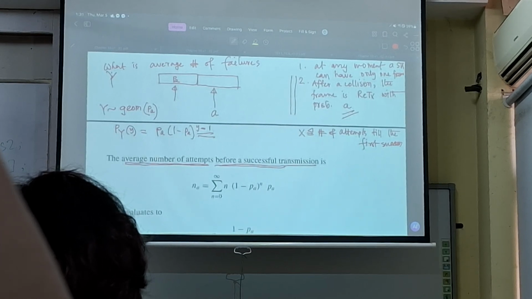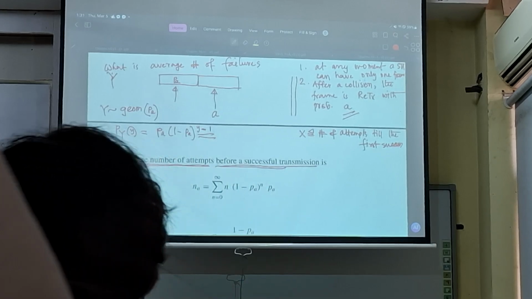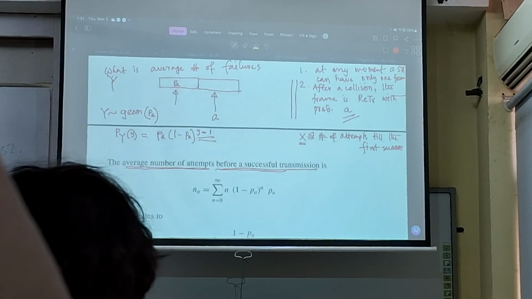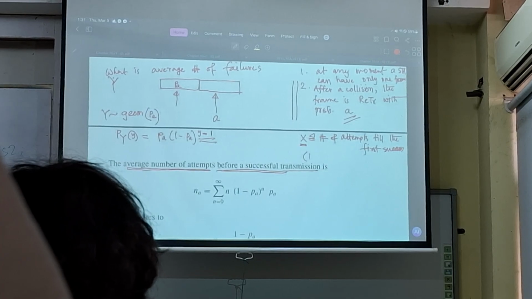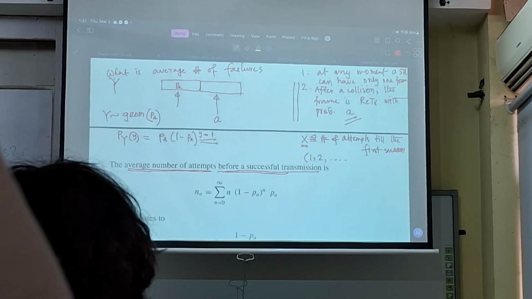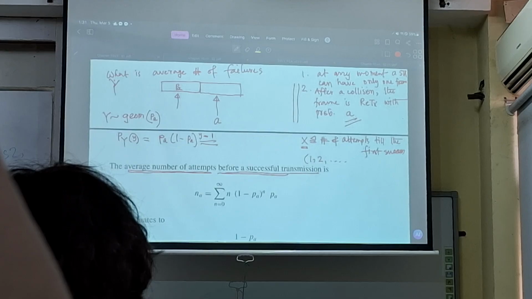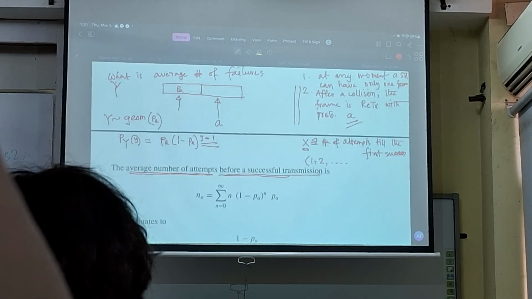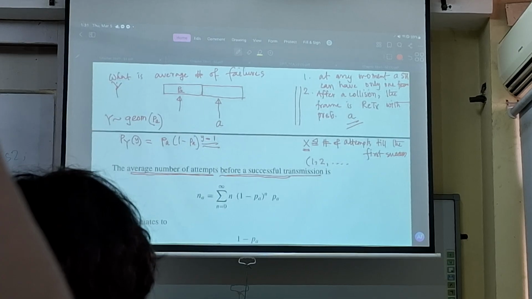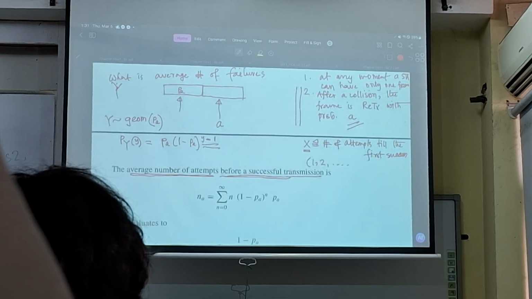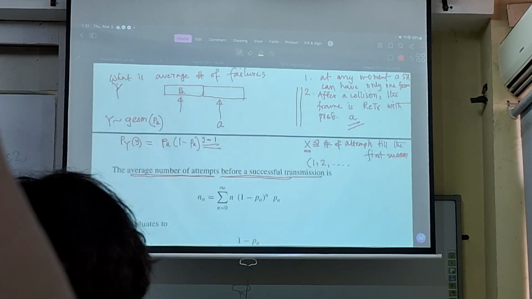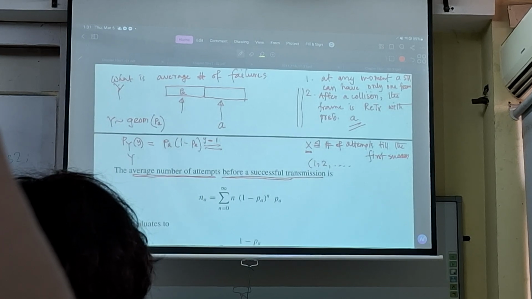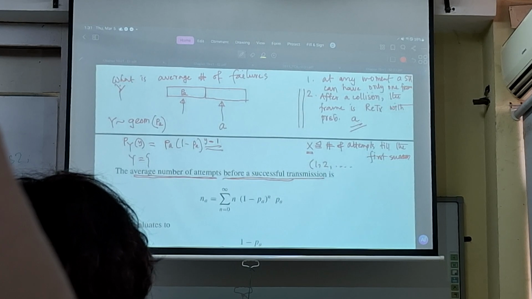They have the same nature, but the set of values for X is 1, 2, and so on, because the number of attempts till the first success requires at least 1 attempt. On the other hand, the random variable Y that we have considered here has the set of possible values starting from 0.